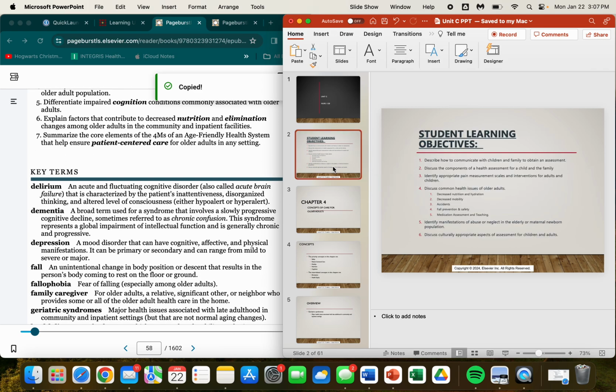So, we talk about our objectives. This Unit C, our objectives are to describe and communicate how to communicate with children and family in order to obtain an assessment.